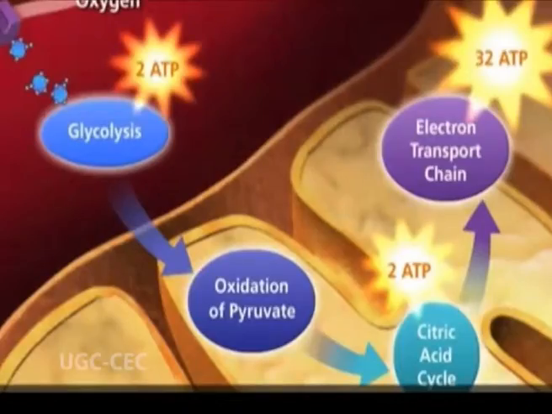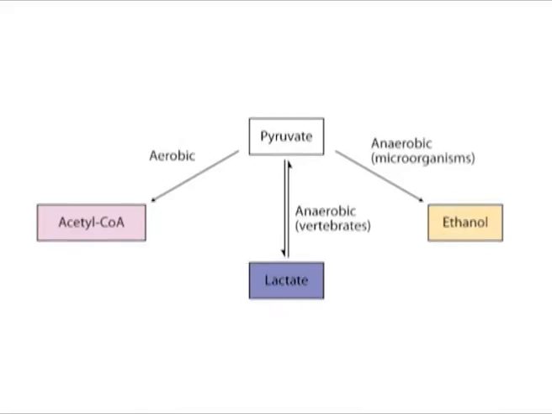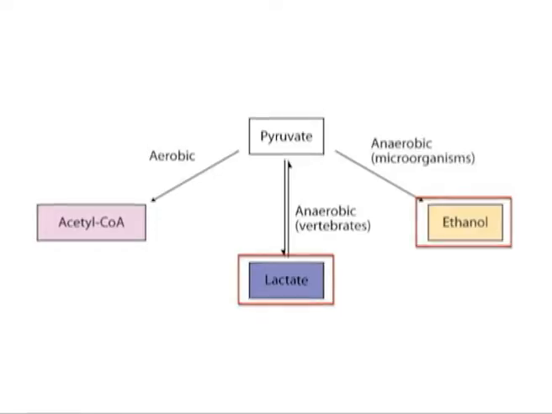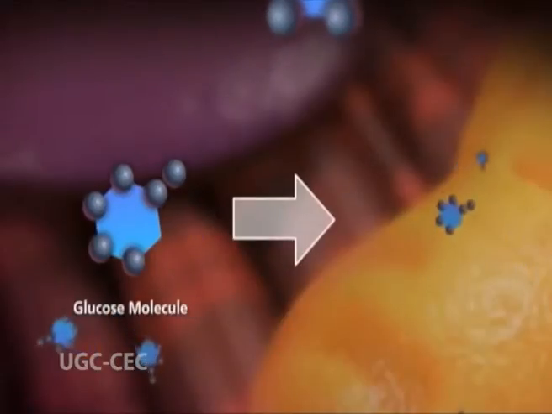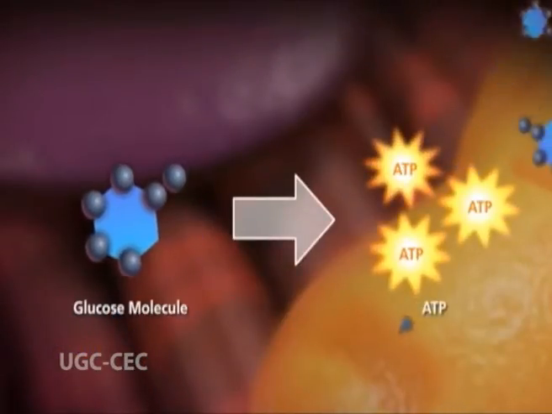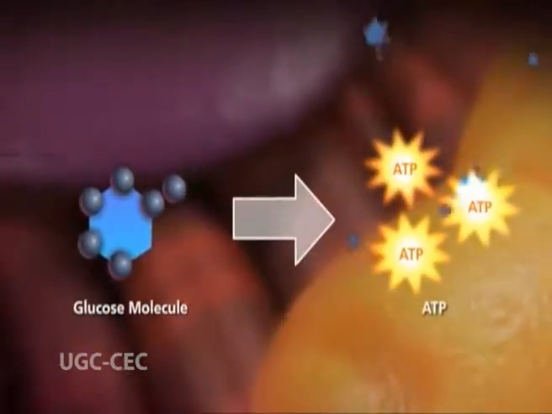Pyruvate is then utilized either in aerobic respiration to carbon dioxide via the TCA cycle, or in anaerobic respiration it is fermented to lactate or ethanol. More energy is derived from glucose in both of these processes through the formation of ATP.